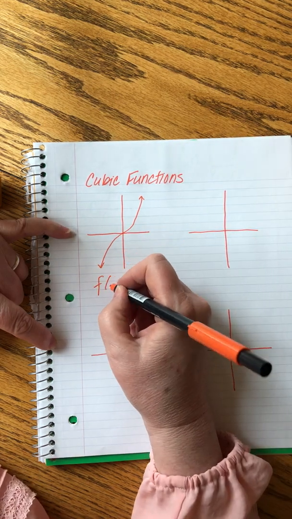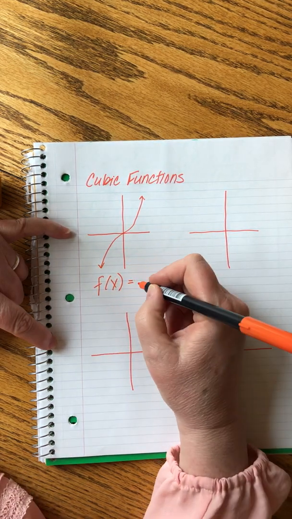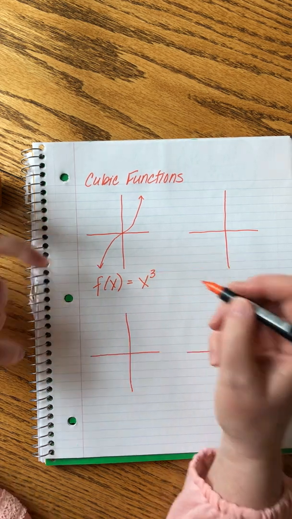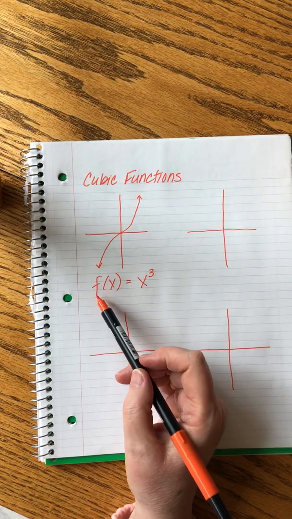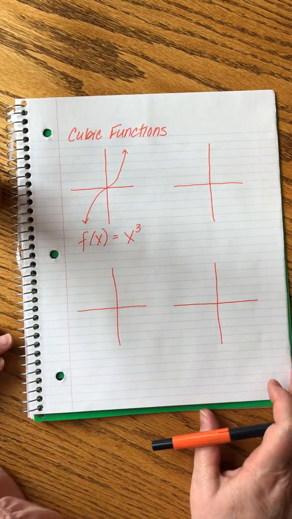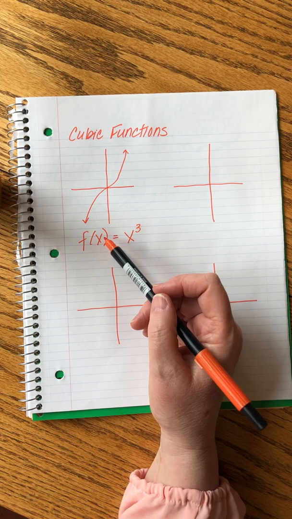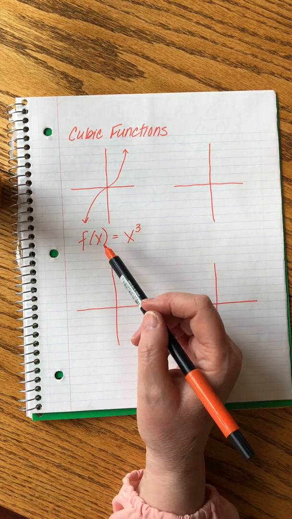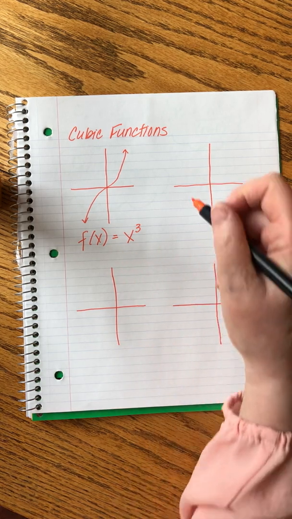And we said this is equal to x cubed. Don't let this f of x thing flip you out. We could just as easily write y, but then it wouldn't be function notation and we wouldn't feel half as smart. All right, so what we want to do is we want to shift.